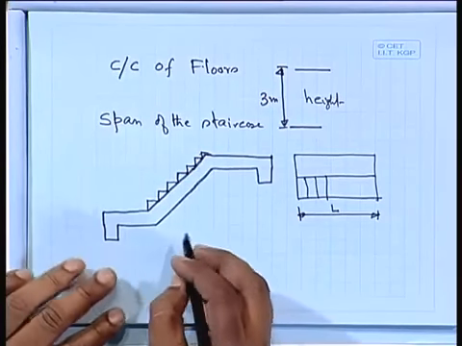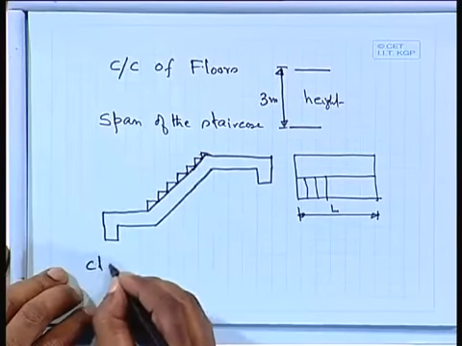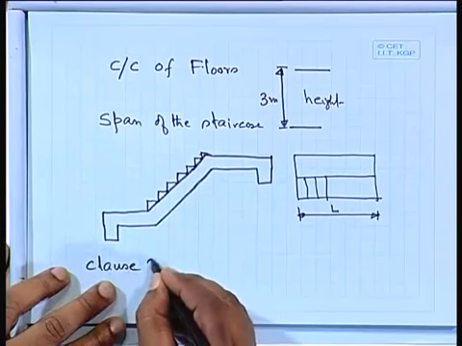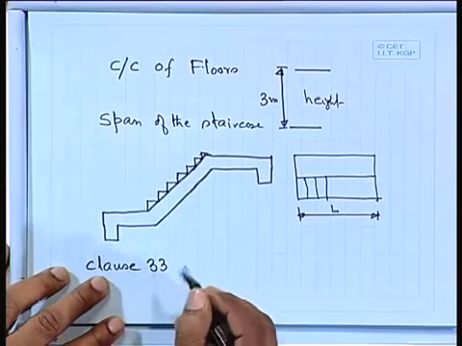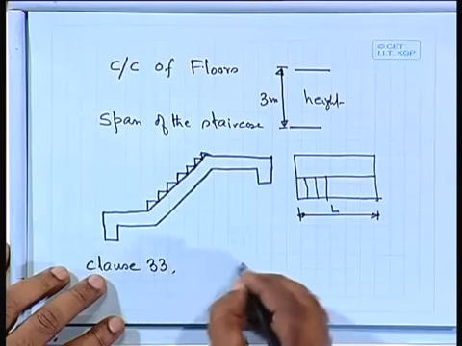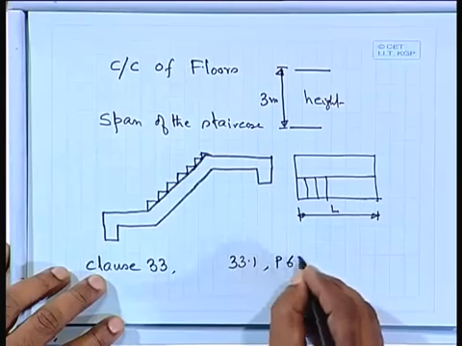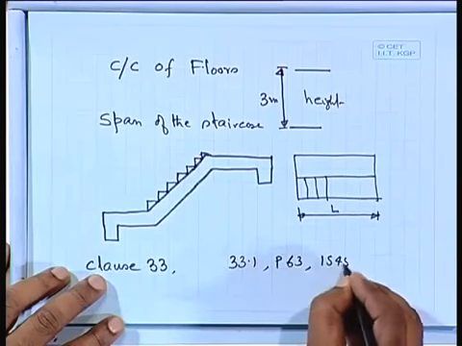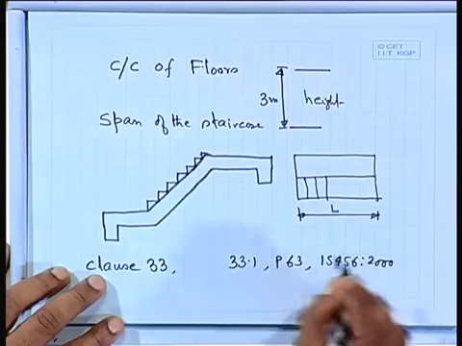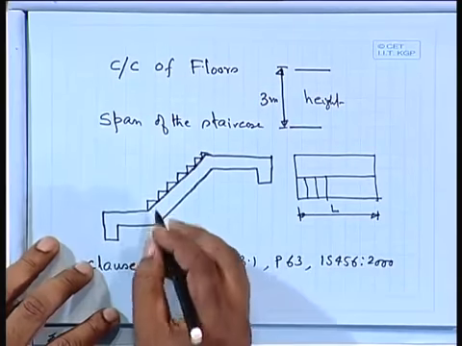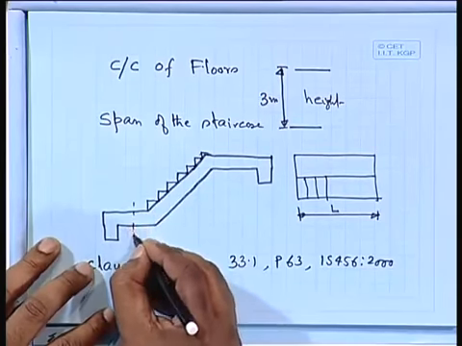This one we shall find out in clause 33, and more specifically 33.1, page 63 of IS 456 2000. So the effective span we generally take here.